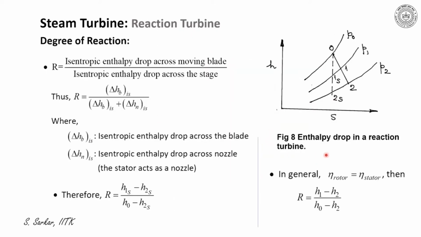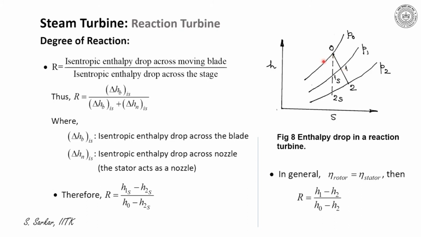I have presented here the h-s diagram illustrating enthalpy drop in a stage of a reaction turbine, where the state point 0 represents inlet to the stage, the state point 2 indicates the exit from the stage, and state point 1 indicates the exit from the fixed blade.